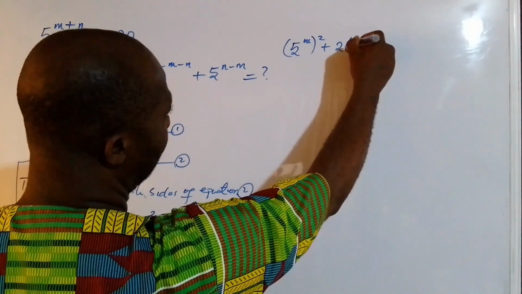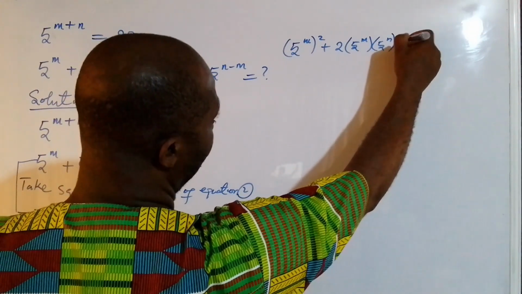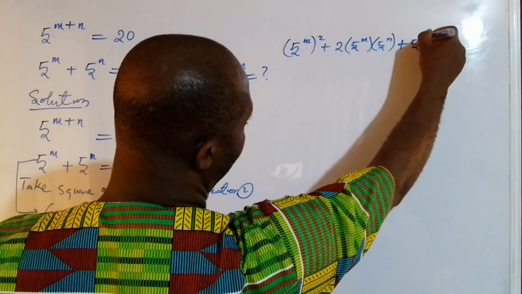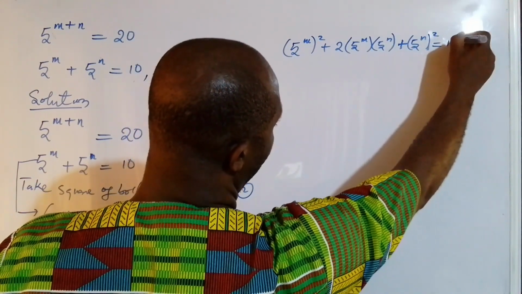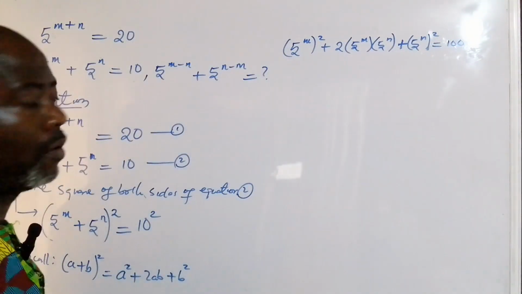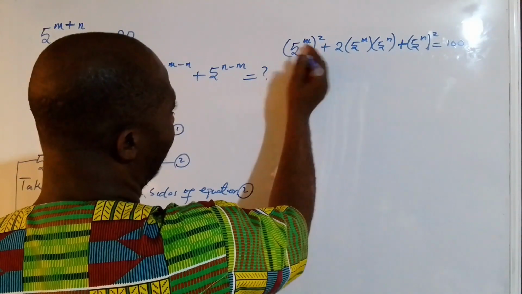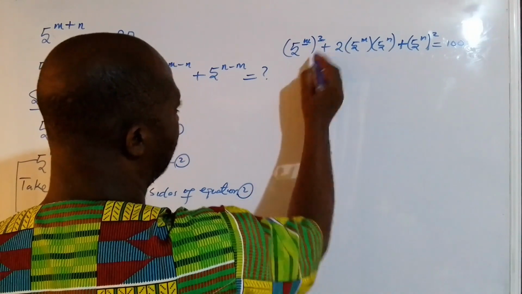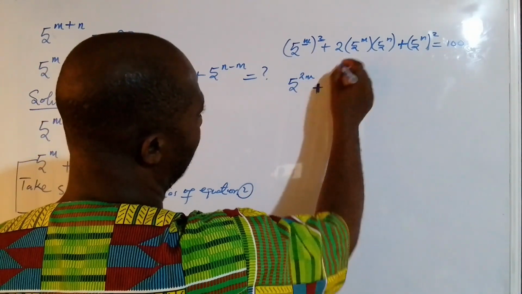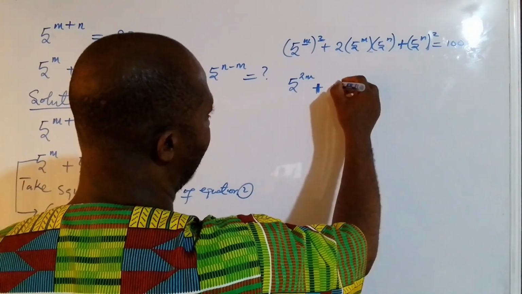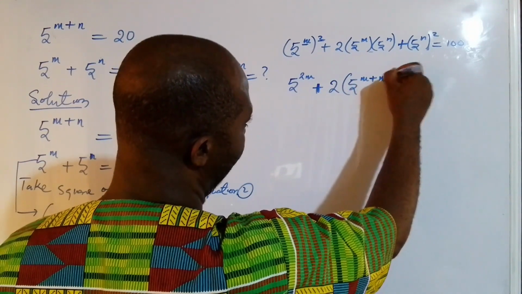2 times 5 to the power of m times 5 to the power of n plus 5 to the power of n squared, equal to 100. So m times 2 will give me 5 to the power of 2m plus, once I apply the law of indices here, I have 2 times 5 to the power of m plus n.